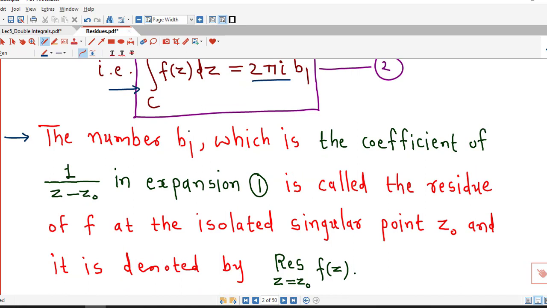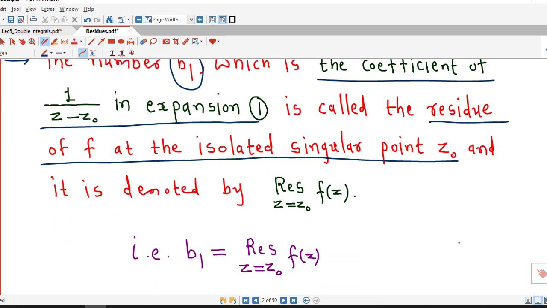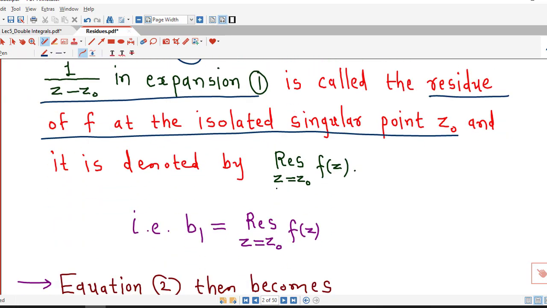And this number b1, which is the coefficient of 1 over z minus z0 in the Laurent series expansion, is called the residue of f at the isolated singular point z0 and is denoted by residue of f of z at z equal to z0.